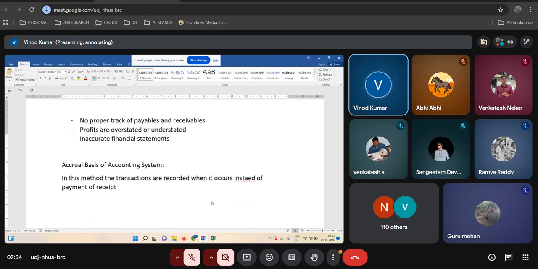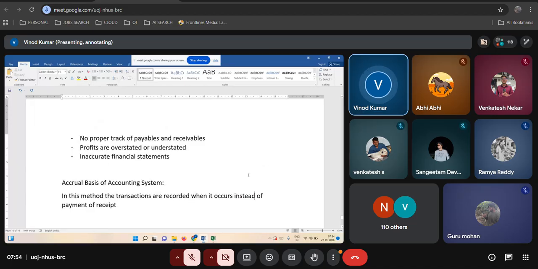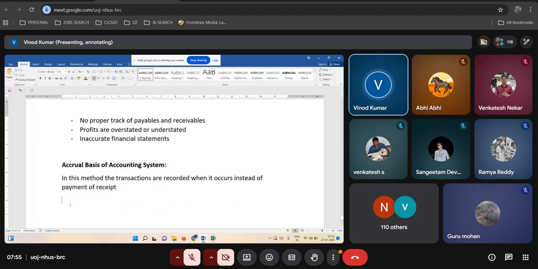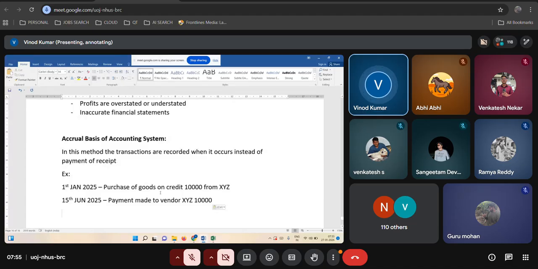The payment may be made now or in the future, that's not a problem. But whenever it happens in the same month, the transaction will be recorded. That is called the accrual concept.